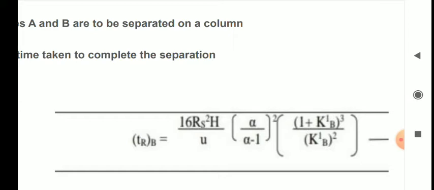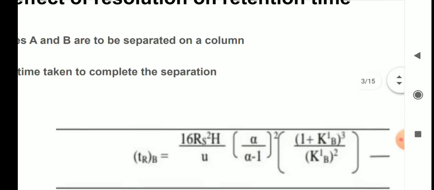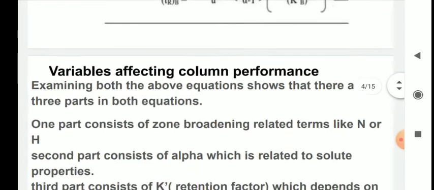So this term H is related to zone broadening, whereas alpha is connected with the solute properties. k dash B, the retention factor, is dependent on both the column as well as the solutes. So these are the three terms. Now if you want a faster separation and if you want a higher plate number, you will have to control all these factors and optimize them.